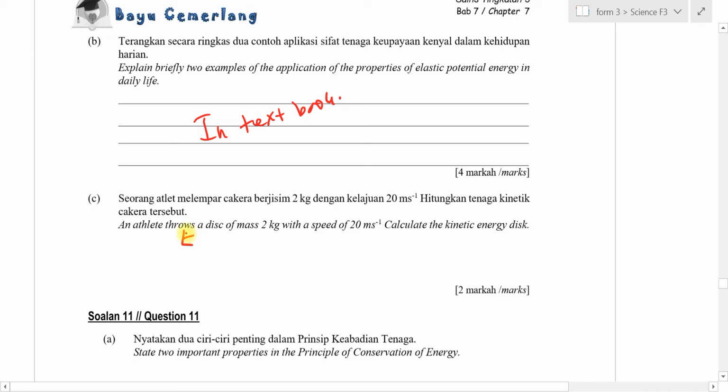Kinetic energy always starts with your formula, half mv square, 1 over 2. The mass is 2 kg. The velocity is 20 meter per second. Make sure it's meter per second, and don't forget to square in your calculation and your calculator. So 2 and 2 cut. 20 square is 400. So I assume the answer is 400 joule. Okay, 400 joule.